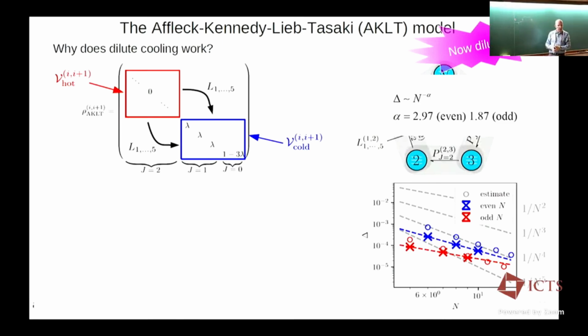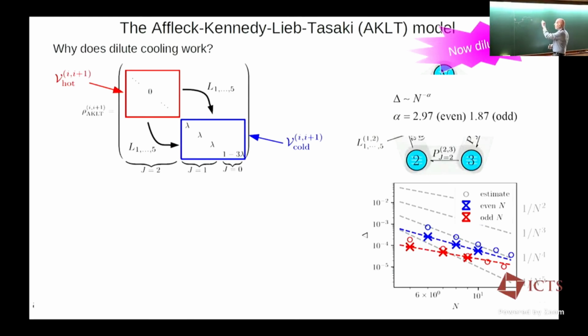So in some sense, let me now go away from my dilute cooling. Let me have a full-fledged cooling. If I do something here, I will spoil a little bit what I managed to do here. So now the question is how much I spoil.